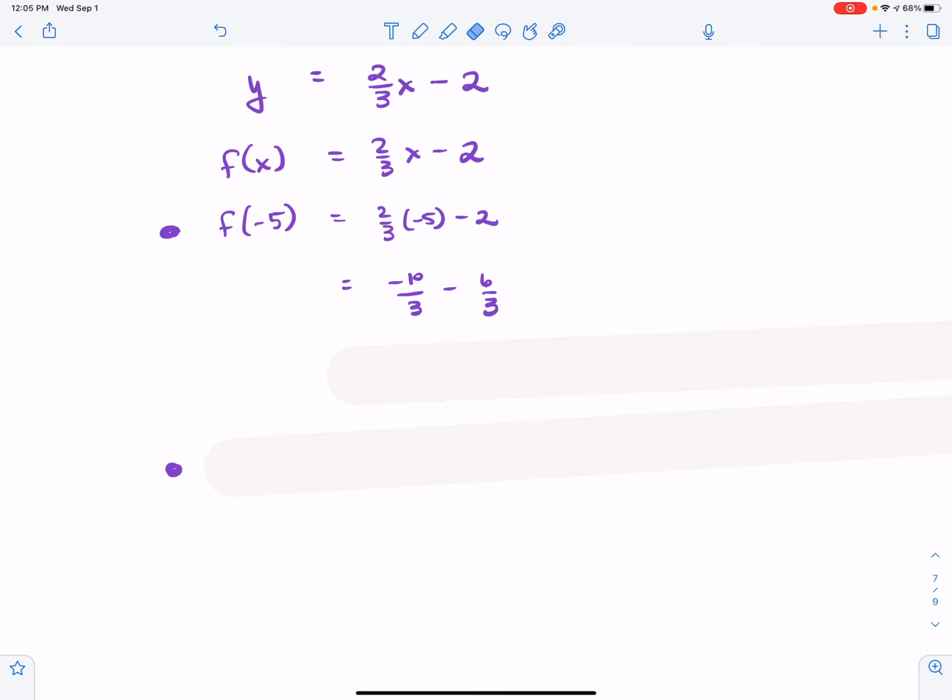And what I did was I went ahead and changed the 2 into a 6/3 so that I could have a common denominator. So -10/3 minus 6/3 is going to give me a -16/3. So this is the second part of my requirement. f of -5 is equal to -16/3.